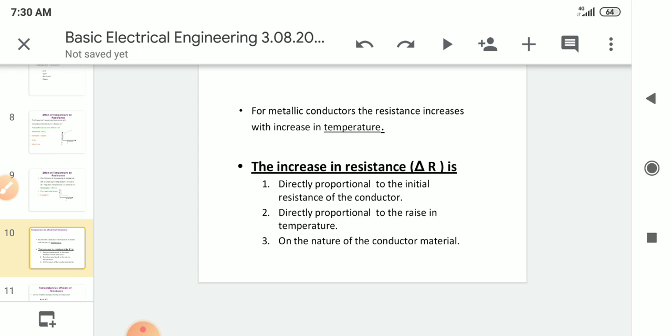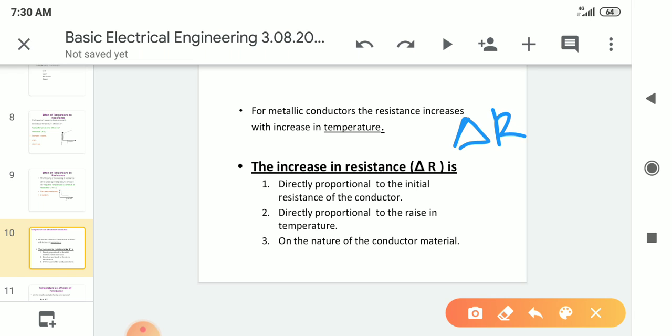If the temperature is increased, we can observe the resistance will increase to some value R suffix T. So what is this delta R? Delta R is the increase in resistance.